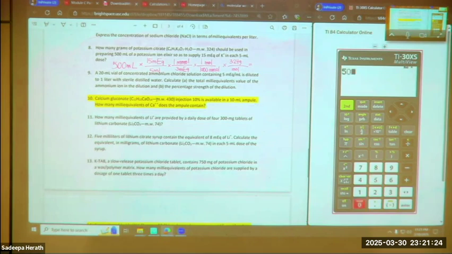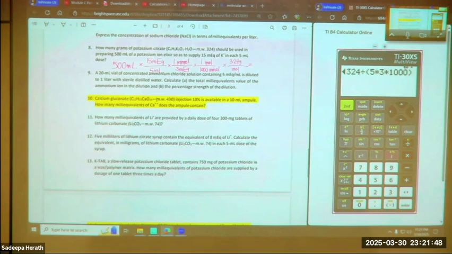So plug and chug, 500 times 15 times 324 divided by, put that in parentheses, 5 times 3 times 1,000.